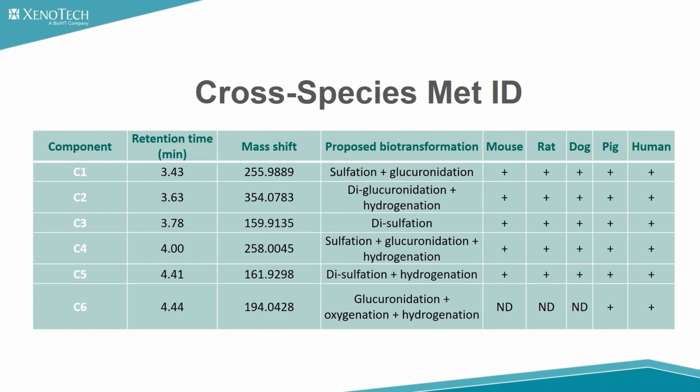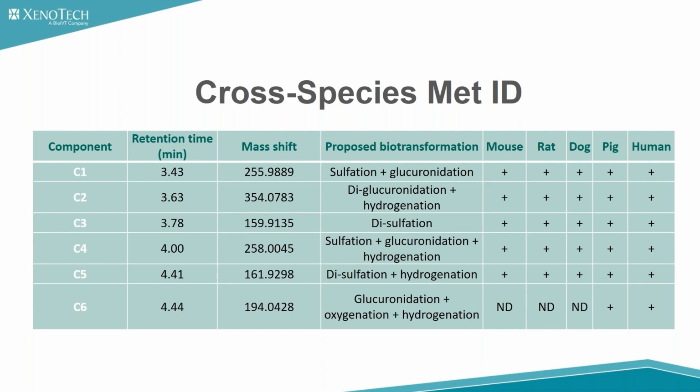So this is just an example of some data that's obtained from a cross-species metabolite characterization study. You can see in the rows we have the various components or metabolites that were detected. In this example, there's 6 of them. And then in the columns, we can see the retention time of the metabolite and its exact mass shift, based on which we were able to come up with a proposed biotransformation of what formed that metabolite.